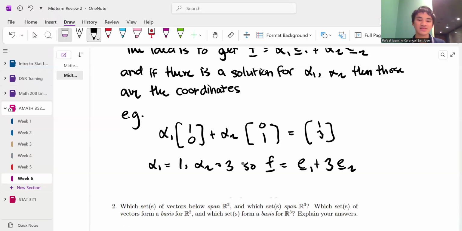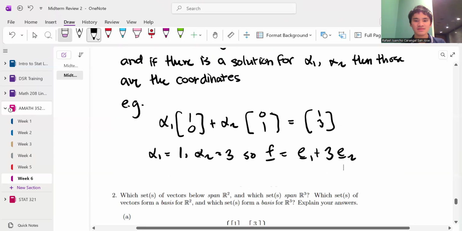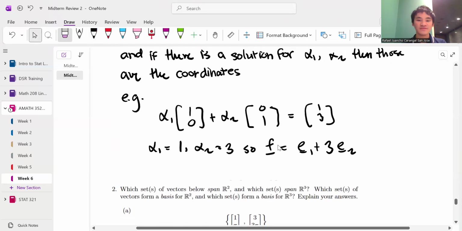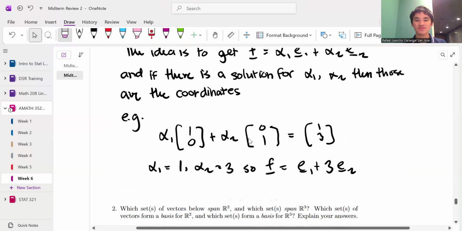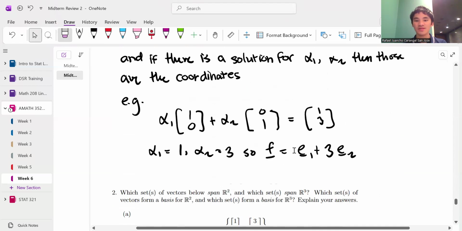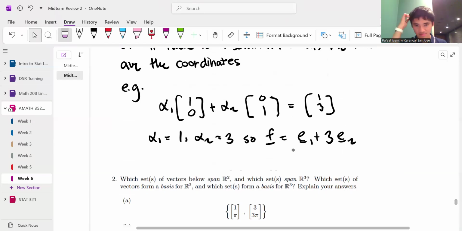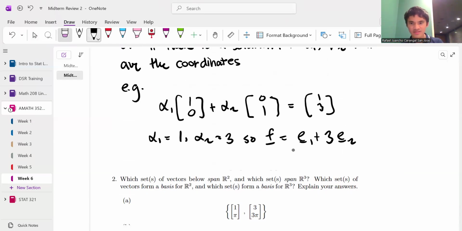And so what does that tell us? That tells us, to get the f based on the standard basis vectors, we need to go 1 to the right and 3 up. So how would that look? We have the standard basis, right? So that's 1, 0, I'll write it in row.